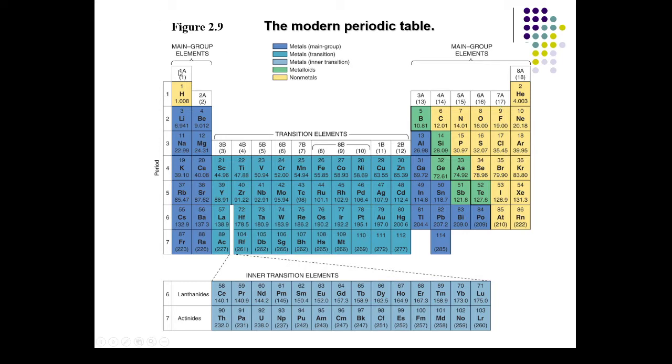I prefer the old way with 1A, 2A, 3A, and so on, but the majority of books and the majority of science has gotten away from it. This is one reason I like Silberberg, because they still keep that notation up there. But we're going to number 1 through 18 across. 1, 2, 13 through 18 are known as my main group elements. 3 through 12 are known as my transition elements.